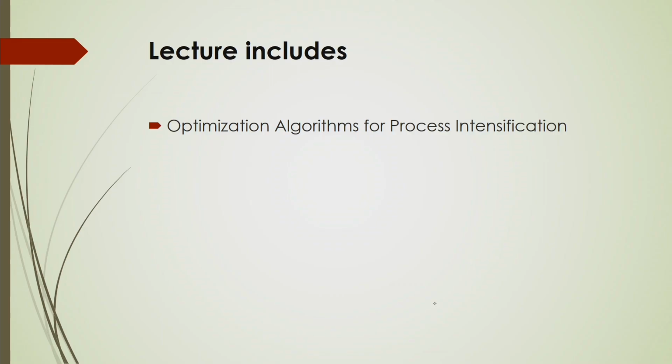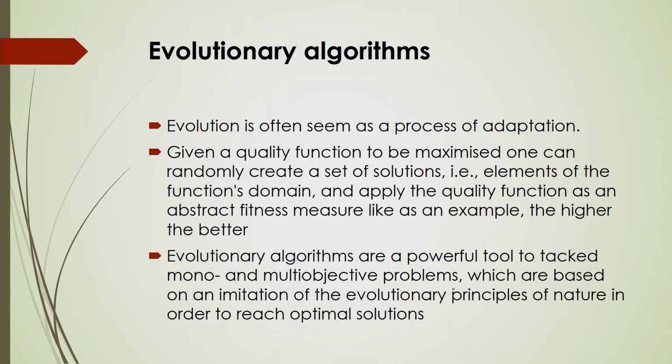And in this lecture, we will try to discuss what the different algorithms are that are being used for optimization techniques for process intensification. Now, as we know, there are several different types of algorithms that are being used for optimization.